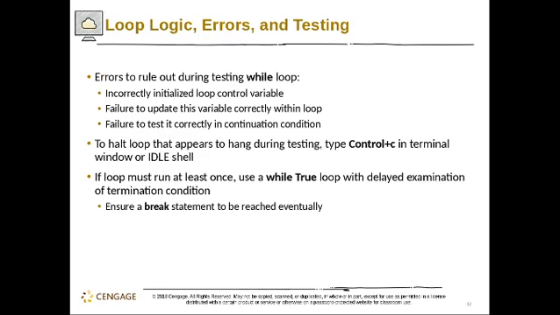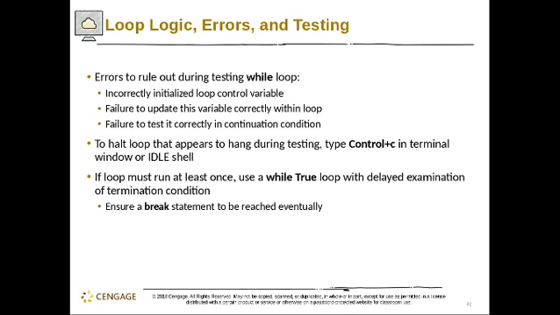Okay, now let's move on to loop logic, errors, and testing. Errors to rule out during testing of the while loop include: incorrectly initializing the loop control variable, failure to update this variable correctly within the loop, and failure to test it correctly in continuation conditions.